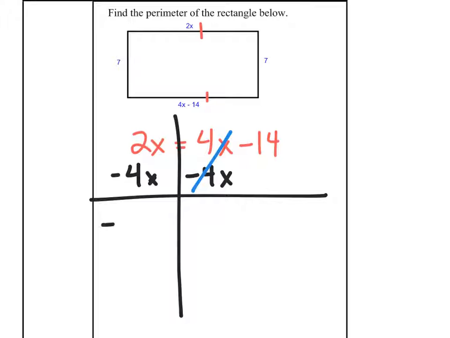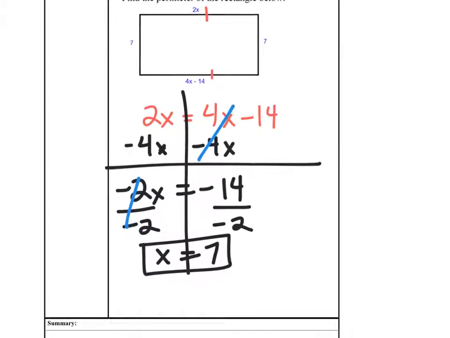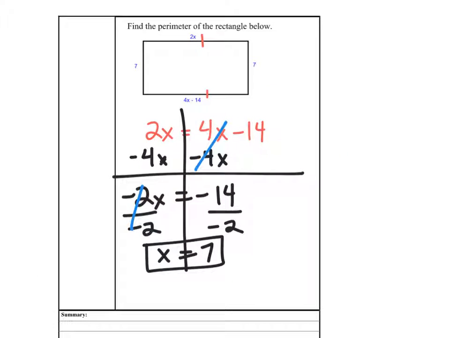So I end up with negative 2x is equal to negative 14. Divide by negative 2. And I get x equals positive 7. So I isolated and then solved.